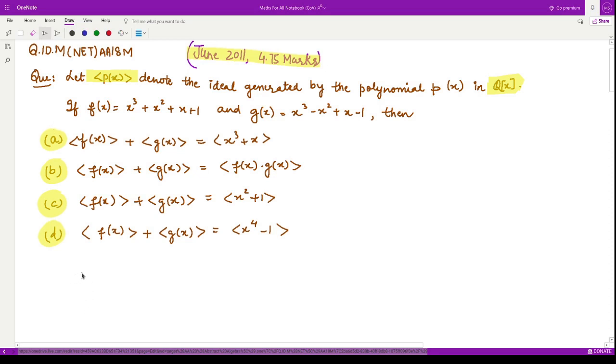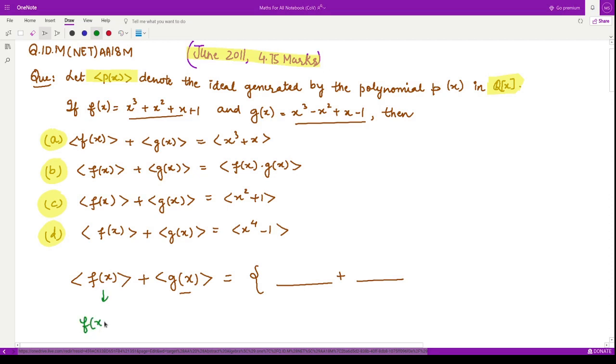Here they are asking about the ideal generated by f(x) plus the ideal generated by g(x), where f(x) and g(x) are two polynomials given like this. So this could be written as some element which is in the ideal of f(x) and some other element which is in the ideal of g(x). What kind of elements are there in the first ideal? We have elements of the form f(x) multiplied by some polynomial a(x), where a(x) is any polynomial in the polynomial ring.